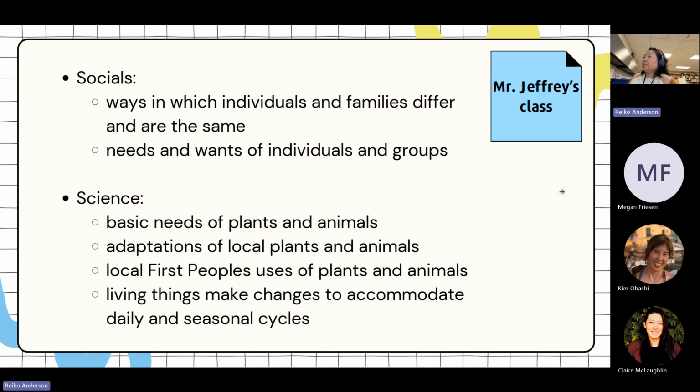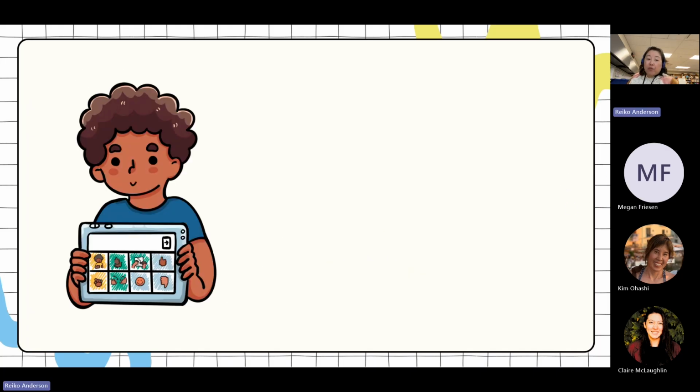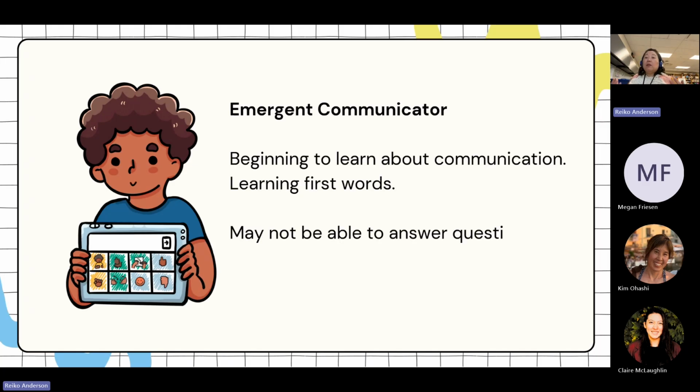Okay. So Mr. Jeffrey has 2 AAC users in his classroom. One is, I'm going to call him an emergent communicator. So he's just beginning to learn about communication. He's learning his first words. He literally just got his new AAC system.